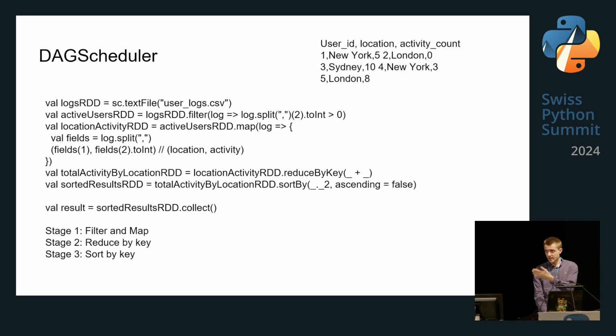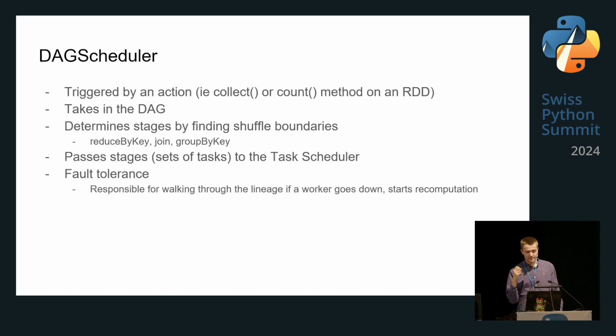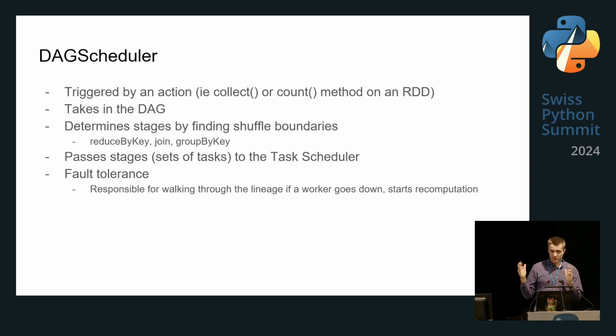It builds up a logical plan. Then when the collect or the count method is called on the RDD, that's called an action, and that's what finally triggers the computation.